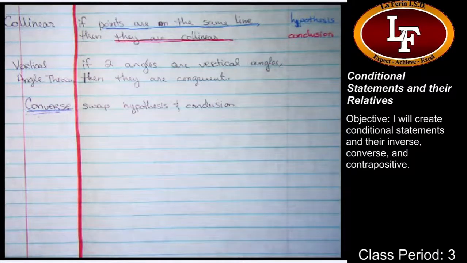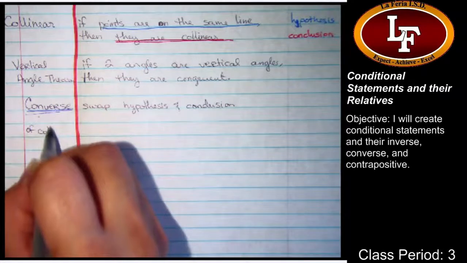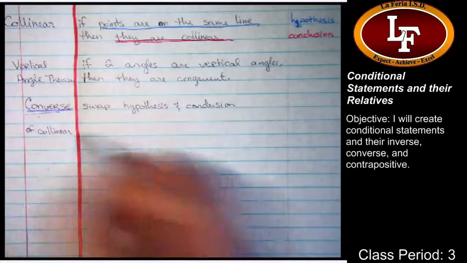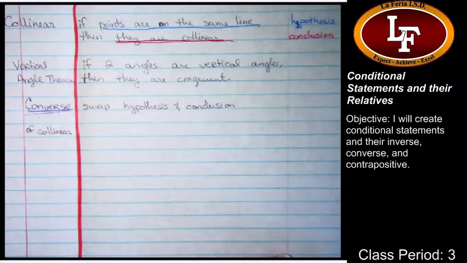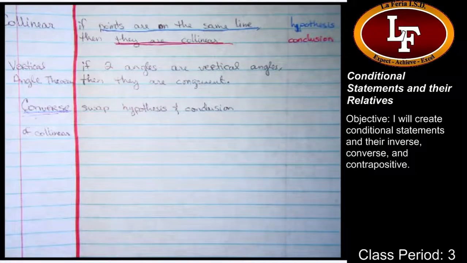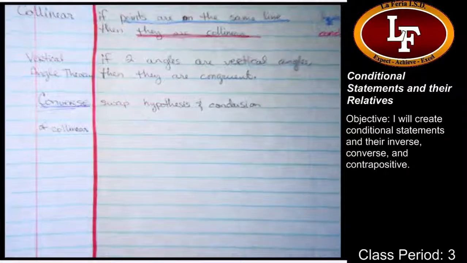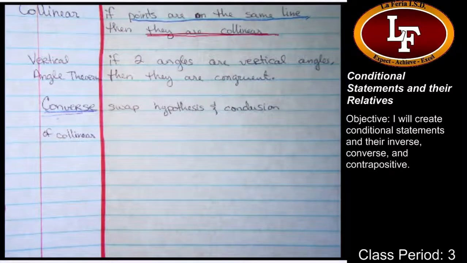All right, so let's take the collinear conditional and write it as the converse. The original conditional for collinear was: if points are the same, then they are collinear. So what would be the converse of that?